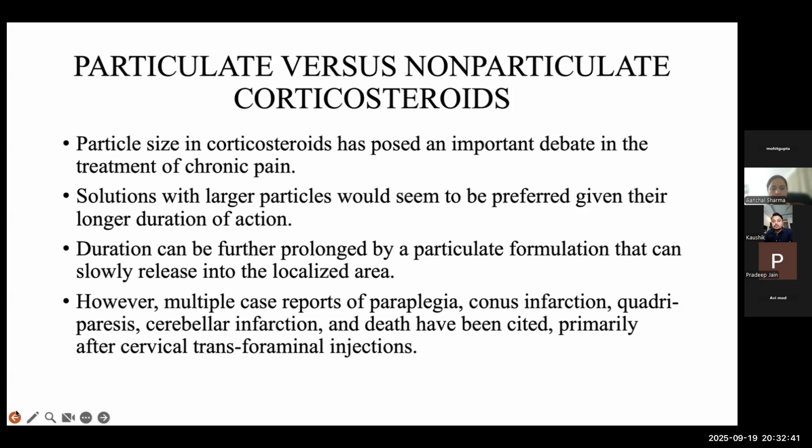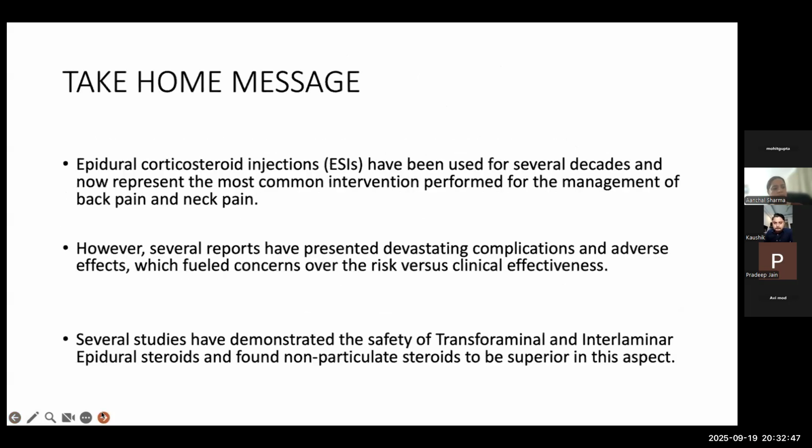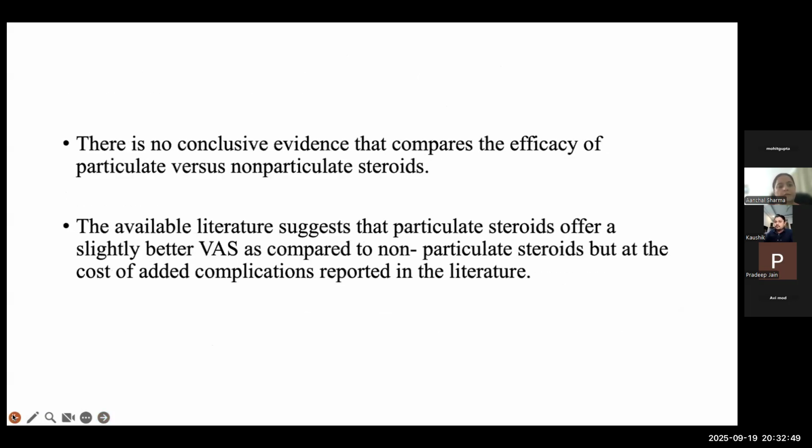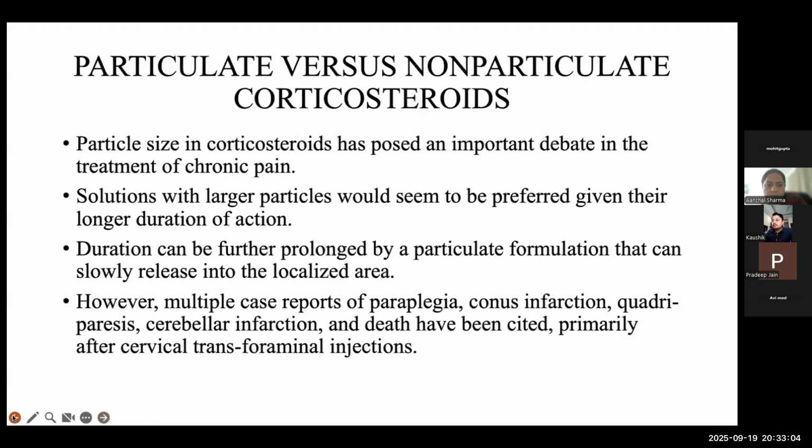To summarize, the use of corticosteroids based on particle size has started an important debate in the treatment of chronic pain. Usually, solutions with larger particles would seem to be preferred given their longer duration of action.